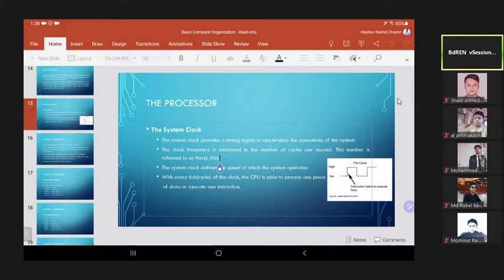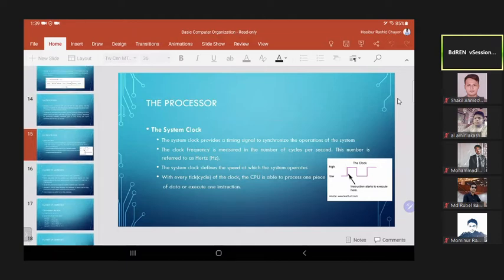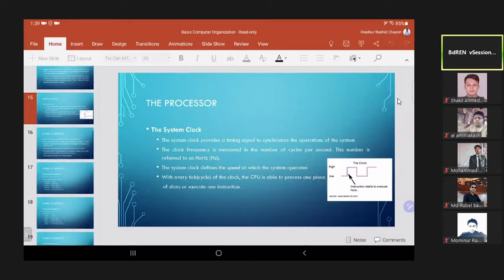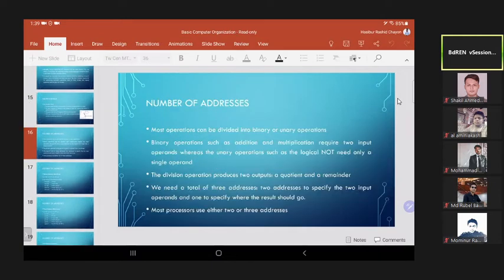It will be an individual assignment, not group work. If you know these topics like the clock cycle and the execution cycle, it will be helpful for you to find out that information.